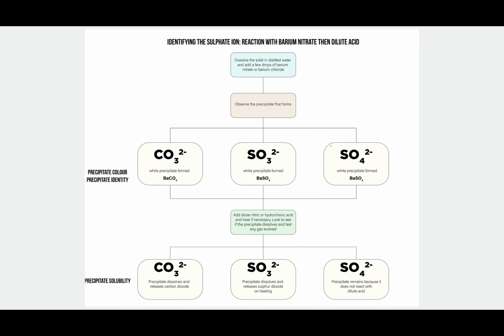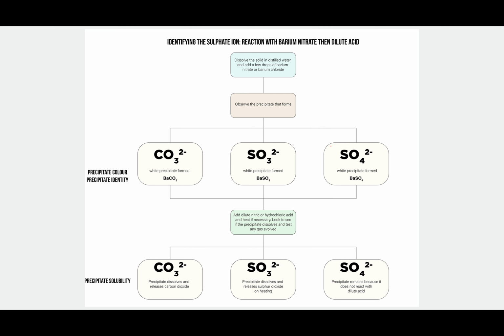And with the sulfate ion, the precipitate remains, and there's no general reaction with the dilute acid. So with our sulfate, it's going to be insoluble. With the sulfite attached to our barium, it's going to dissolve, giving off sulfur dioxide, and our carbonate will give us our gas.